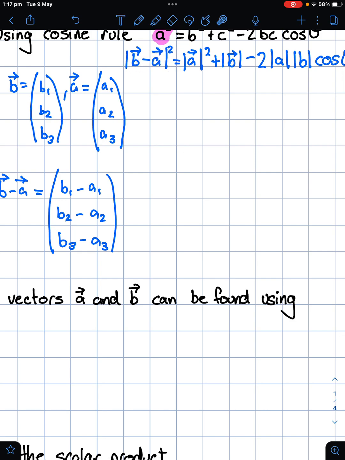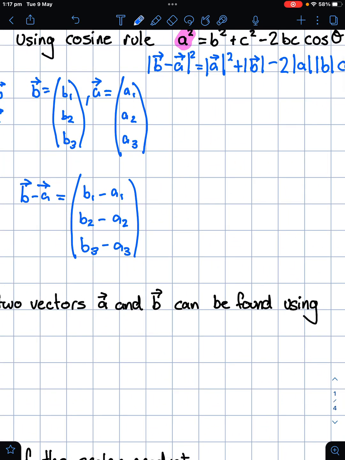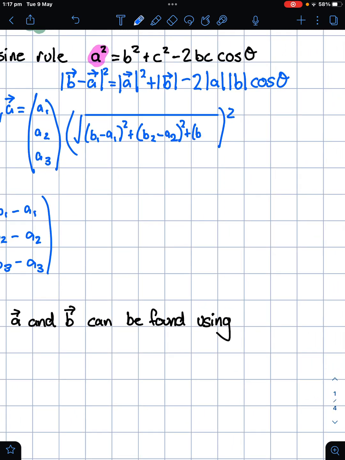Now, the reason I bring this up is because this first one is saying the modulus squared, which is going to be the square root, all squared, of B1 minus A1 squared plus B2 minus A2 squared plus B3 minus A3 squared.